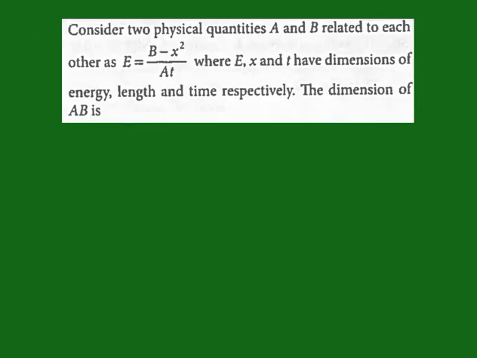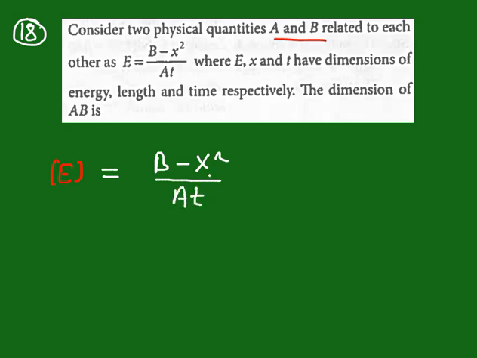18. Question number 18, considering two physical quantities A and B related to each other like this, find the dimensional formula of AB, where E is the energy they have given. E equal to B minus x square upon AT. You see B and x square are subtracted, so B will have dimension equivalent to x square, which is L2.